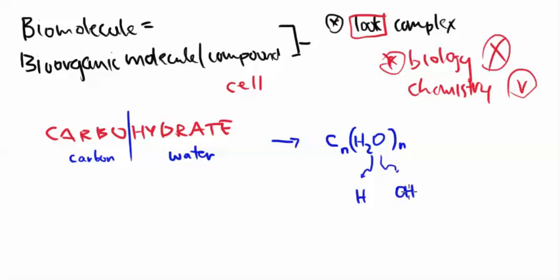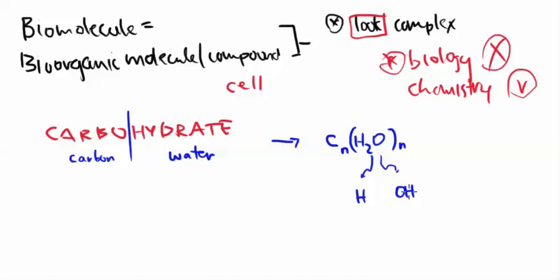So we made the mistake very early on to assume that every time we saw 2 hydrogens and an oxygen, this thing had to come together to make a water molecule for us. And in the form of a carbohydrate, that is not true. That is a lie.